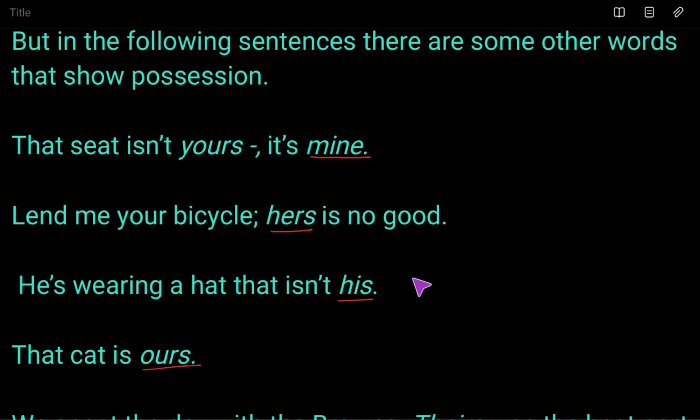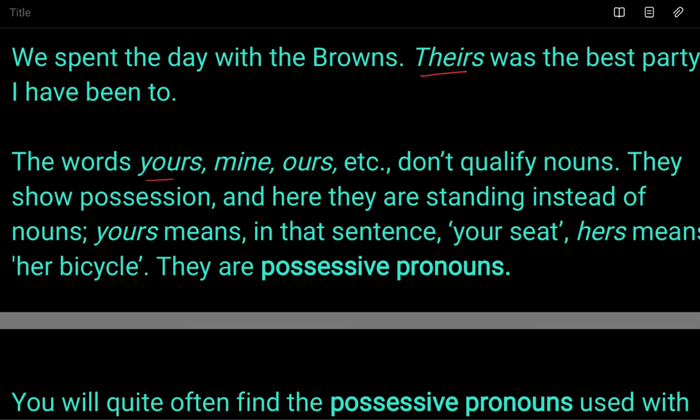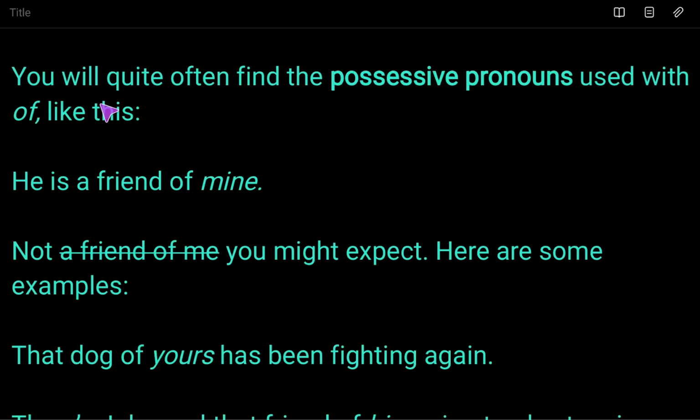Here in this book it's written the words yours, mine, ours, etc. don't qualify nouns. They show possession and here they are standing instead of nouns. Yours means in that sentence your seat, what I have told. Hers means her bicycle. They are possessive pronouns. Here there is more information about that.